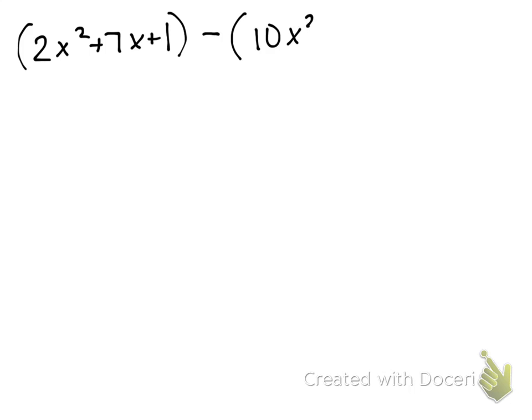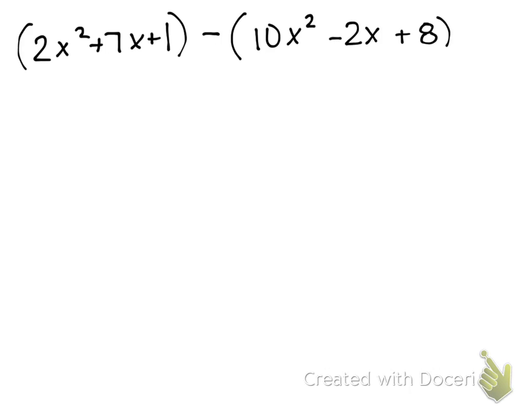So if I look at the first problem there, I have 2x squared plus 7x plus 1 minus 10x squared minus 2x plus 8. Okay? So what type of problem is this? Addition or subtraction? Subtraction, okay.